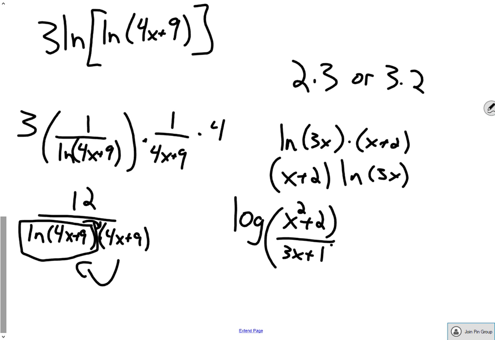You could do the product rule or the quotient rule for all this, or you could even rewrite it and take the derivative of each part separately. Technically, they're both the same thing.